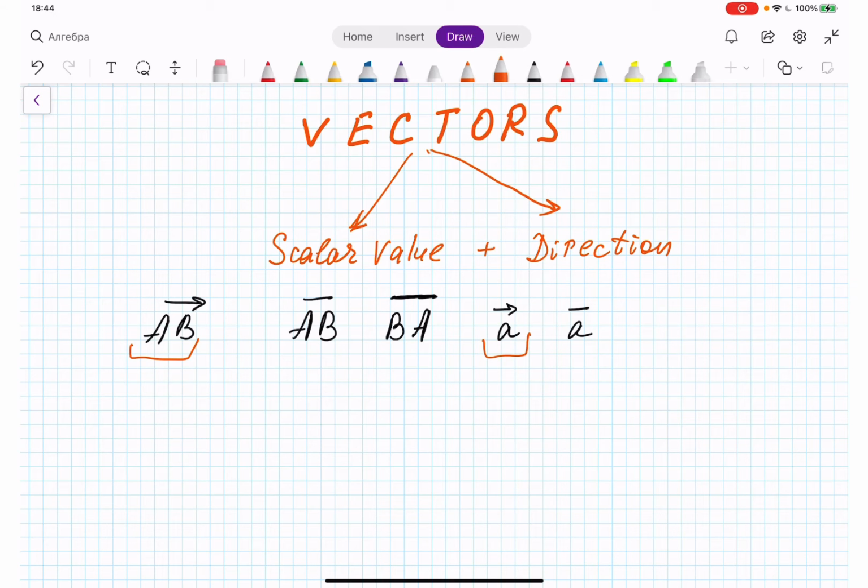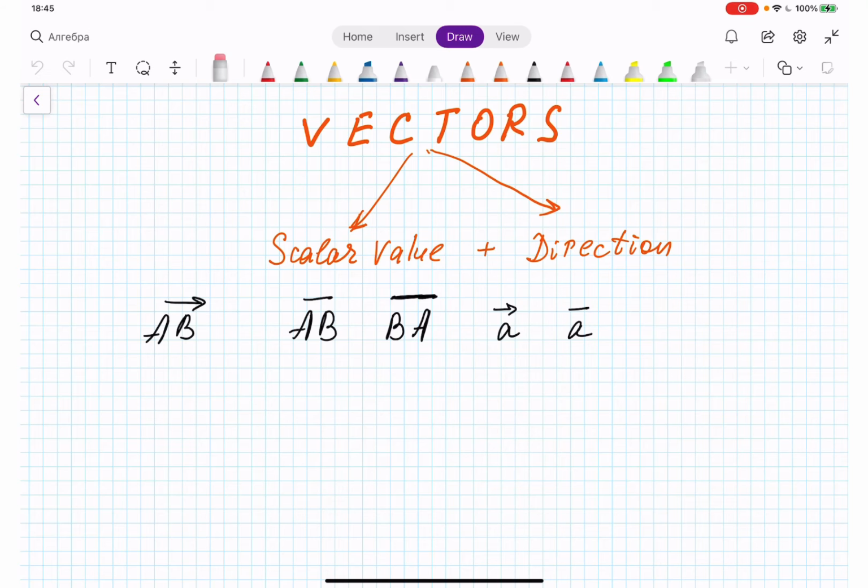But for ease, people sometimes put just a line on the top, and that also indicates that we're dealing with a vector.